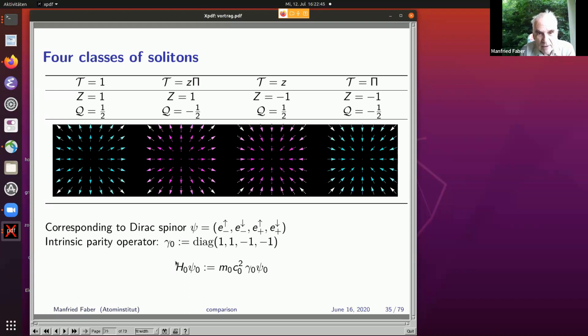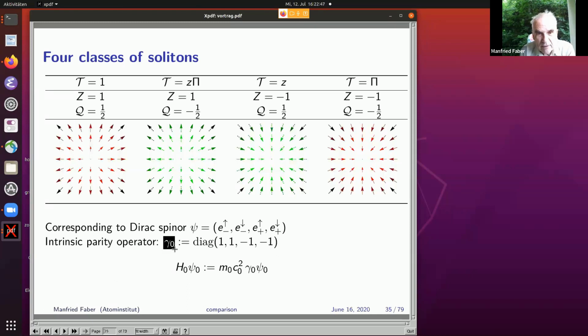So I'm now in Hilbert space, and in Hilbert space I introduce an operator gamma 0, which is the diagonal matrix 1 and minus 1. And I define the Hamiltonian H0 acting on a free vector psi 0. So a static electron or static positron is this gamma 0 on psi 0. In this way I respect the signs of the energy.